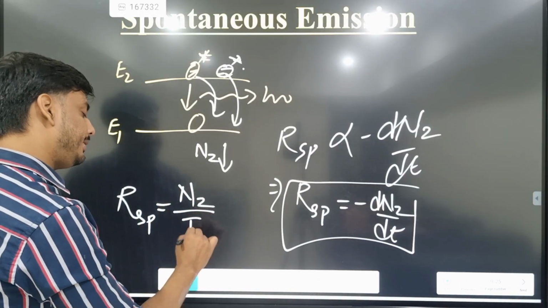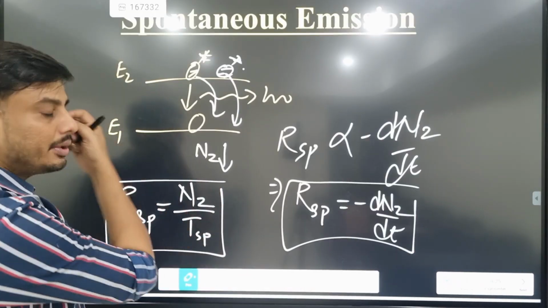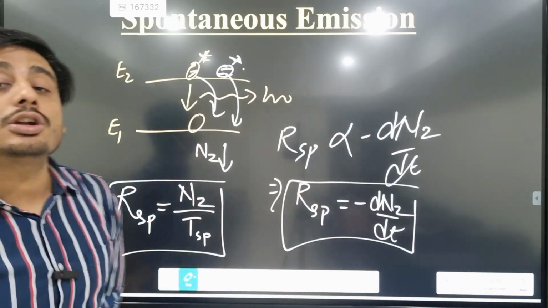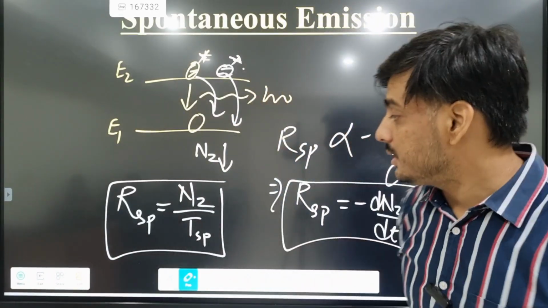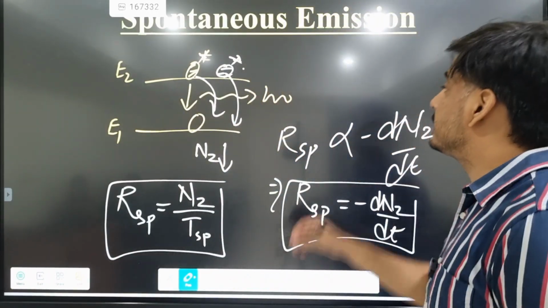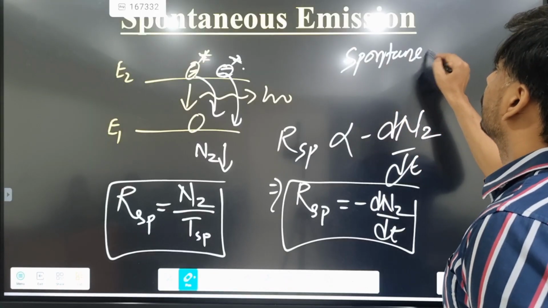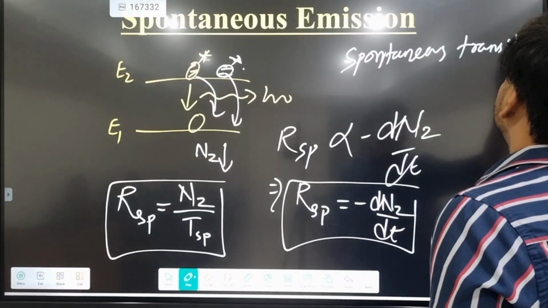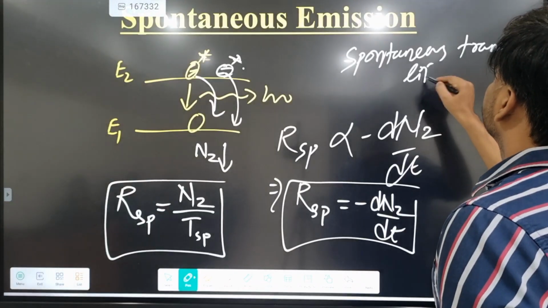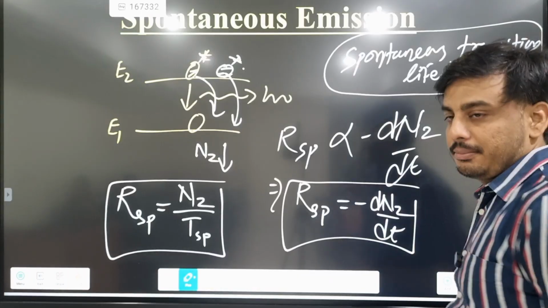If the total is N2 number of particles, you can also write down N2 by TSP. Then what is TSP? N2 you already know: the number of particles, or population, of the higher energy state E2. TSP is the spontaneous transition lifetime.